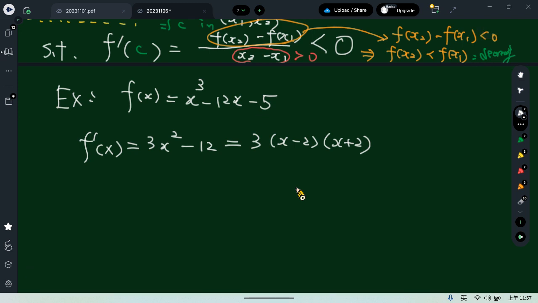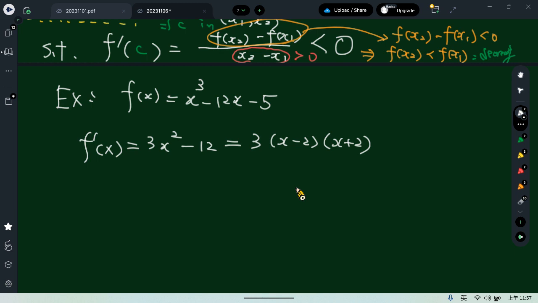Then, can you tell me which points are the critical points? What is a critical point? Its first derivative should be 0, or its first derivative is undefined, right?